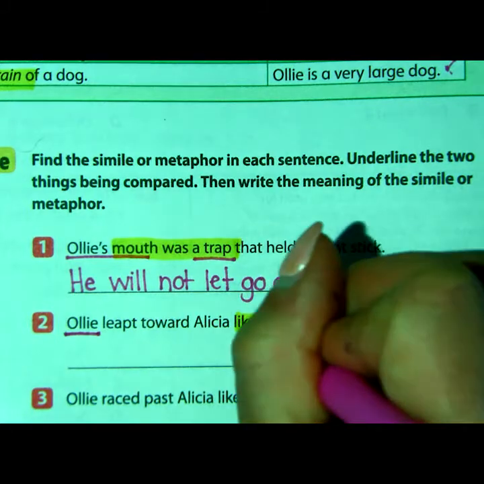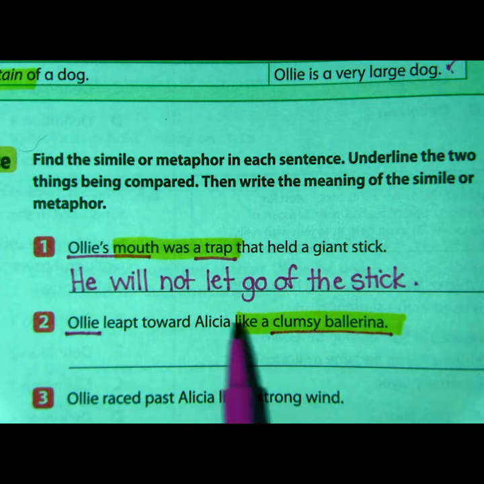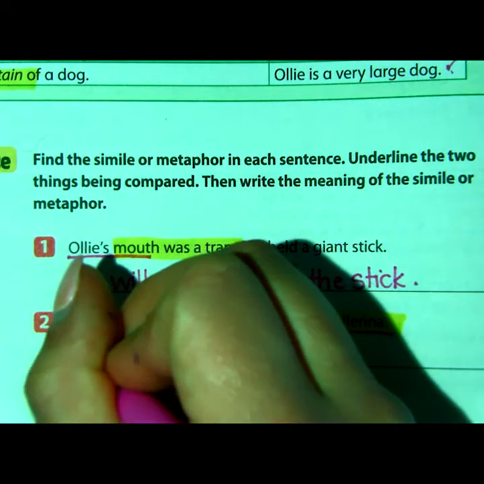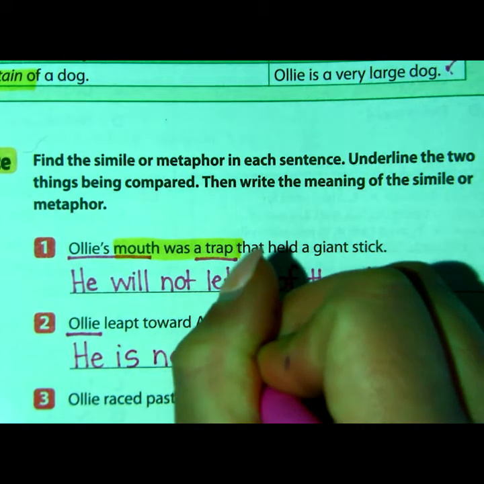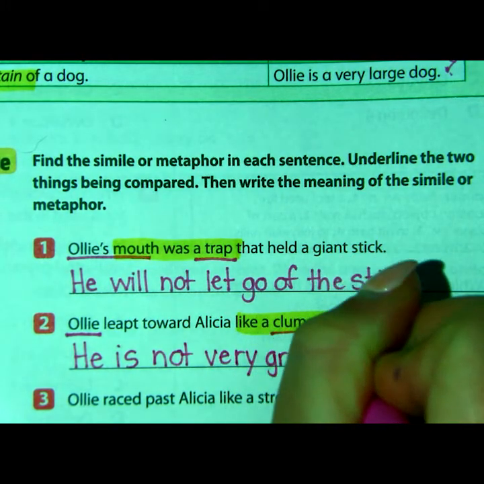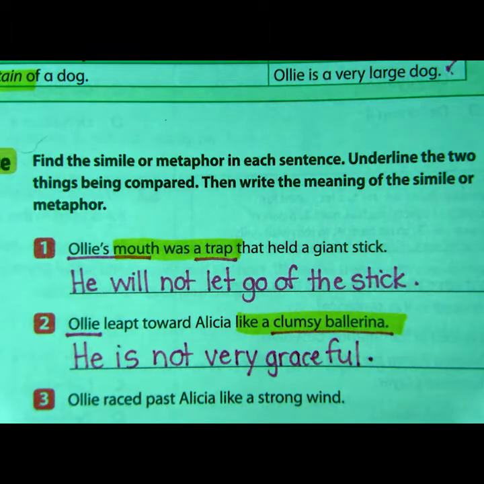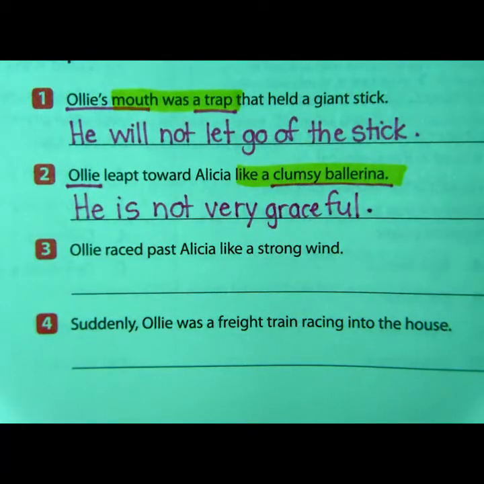Right, a clumsy ballerina. So if we think of a clumsy ballerina and we think of Ollie, who we know now is a dog, how would we describe the meaning of this sentence? Right, he is not very graceful. We know that typically ballerinas are known for being very graceful, and if he is being compared to a clumsy ballerina, then he must be the exact opposite.